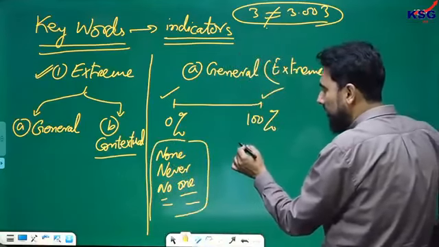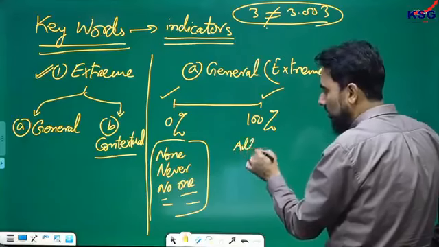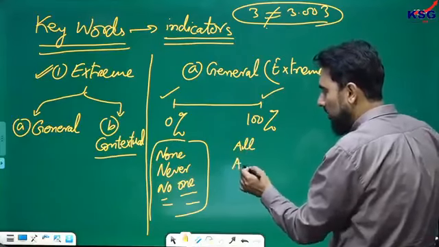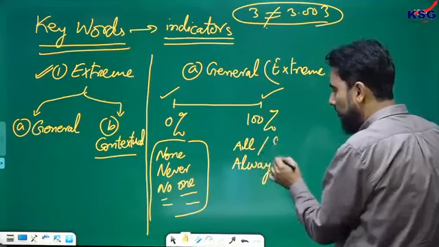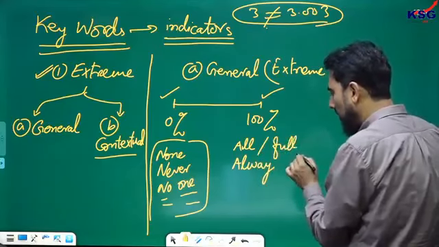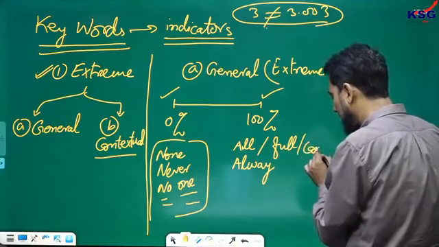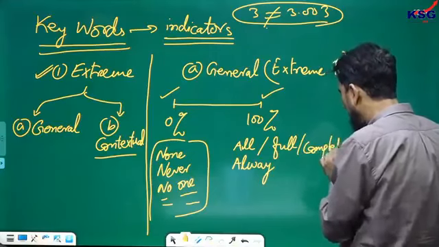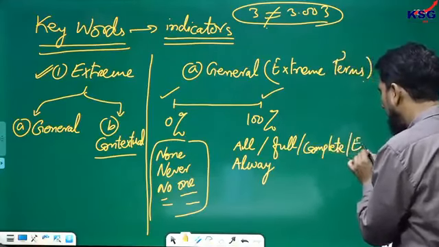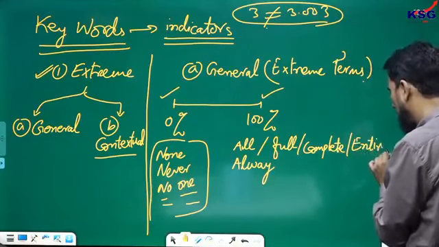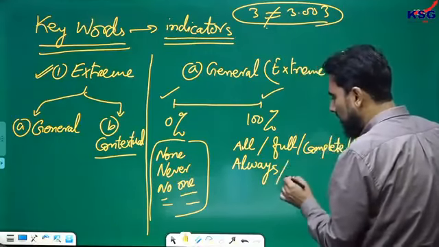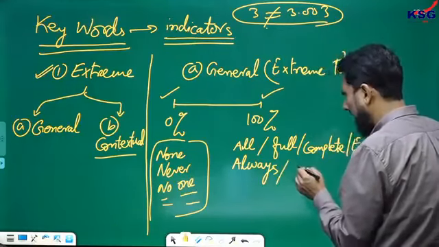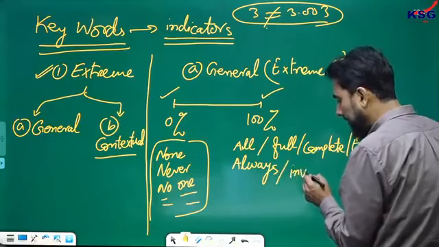Whereas for 100%, if for amount, all is used; for frequency, always is used; for capacity, full or complete or entire; or similarly the word invariably.